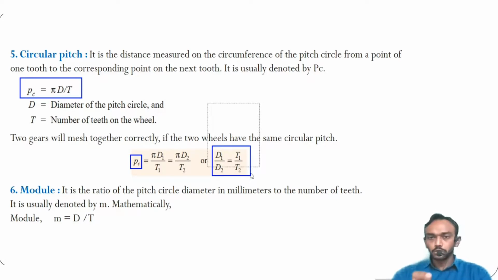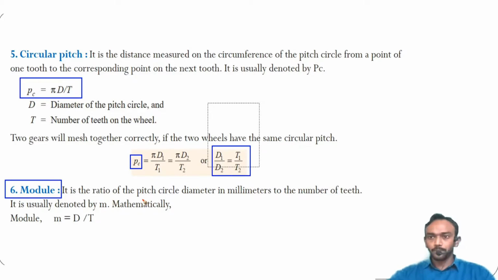This means the ratio of diameter to teeth must be the same if you want to mesh two gears correctly. Next we study the module. Circular pitch and module are very important for design. If you want to purchase a gear at a market or store, you have to give the module also.